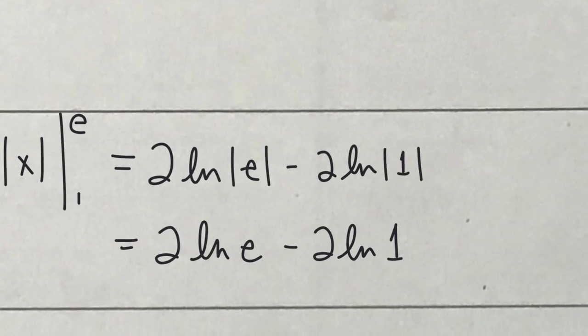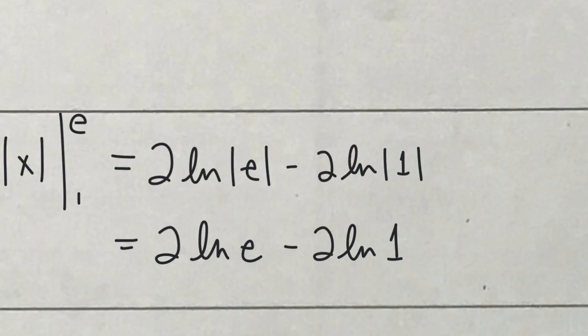Right, and this is important because if you remember your natural logs, you can't take the natural log of a negative. But we might be integrating from a negative to a positive or vice versa. Okay, so if we do have a negative as a limit of integration, then make sure you make it a positive one in there.